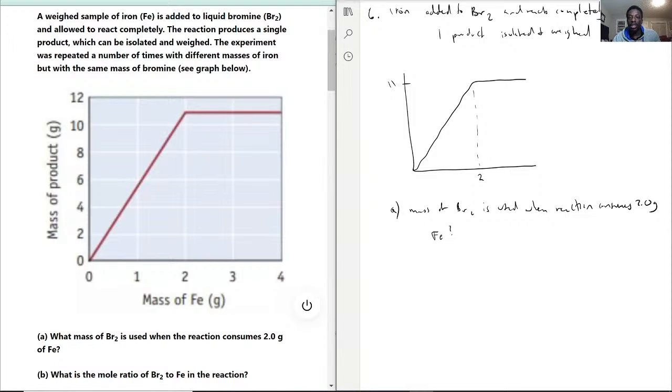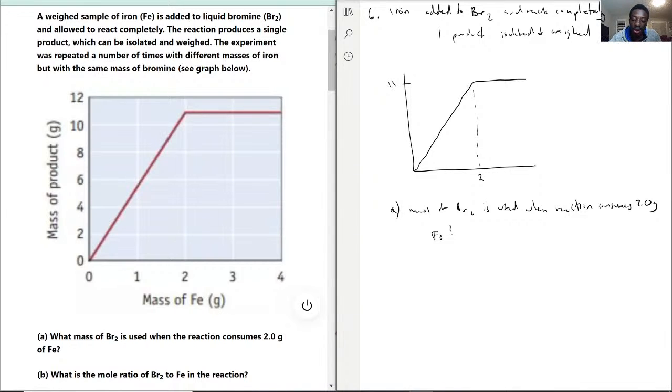As we know, iron is a transition metal, so it can be iron 2 versus iron 3. But we can see here that the mass of iron is going to be 2 grams of the 11.